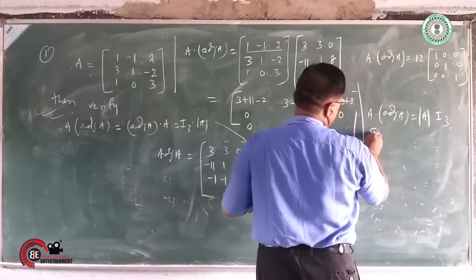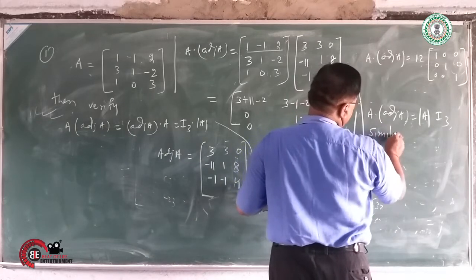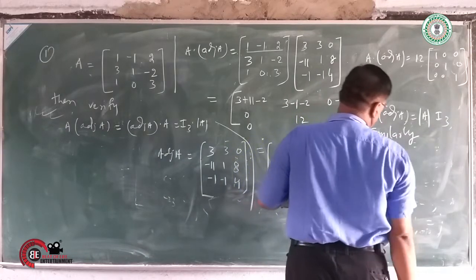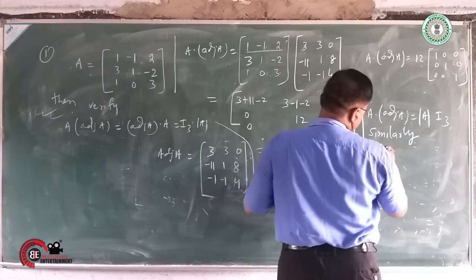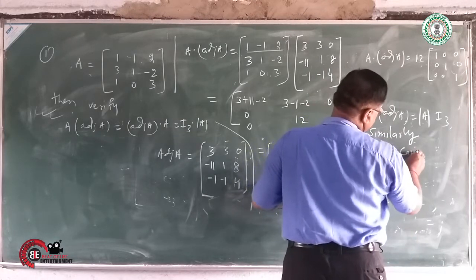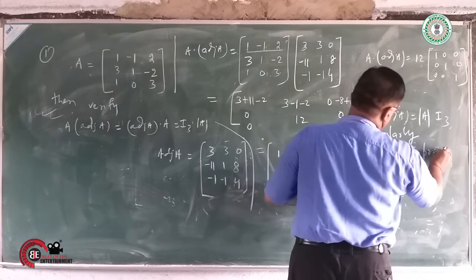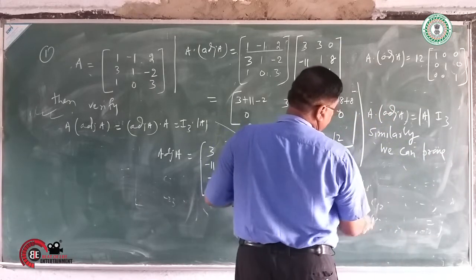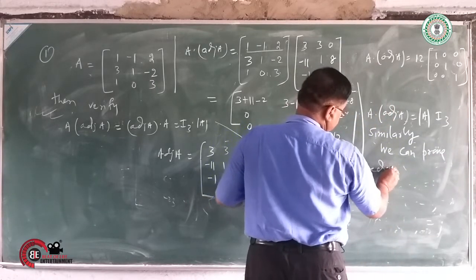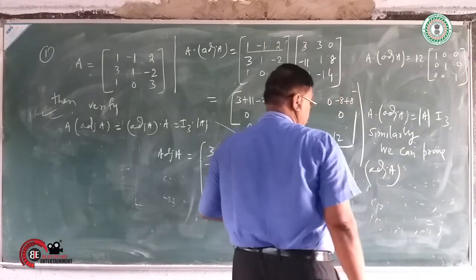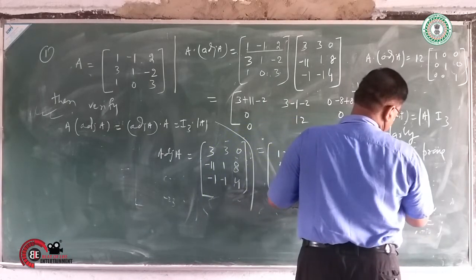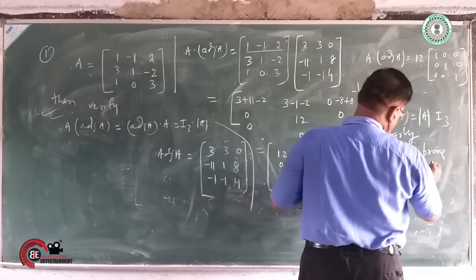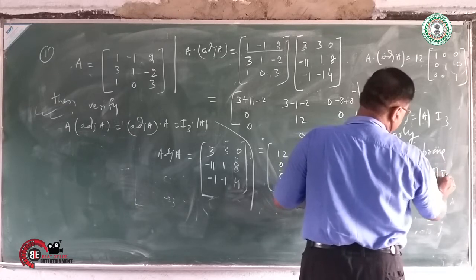Similarly we can prove adjoint A into A is equal to determinant A into I3.